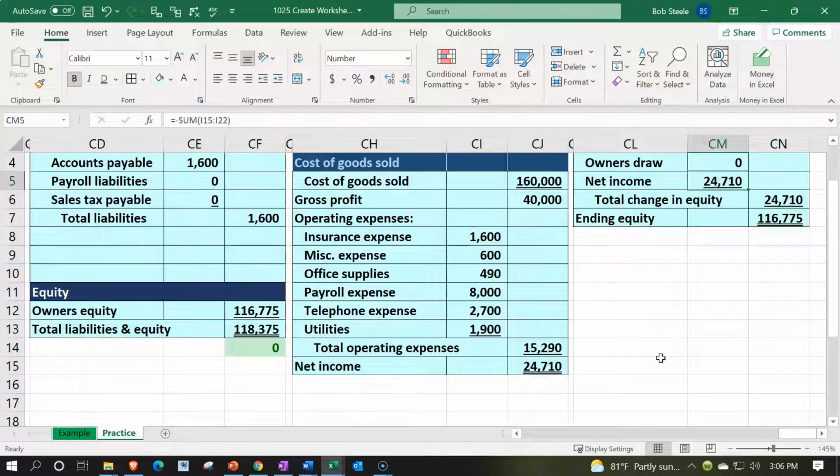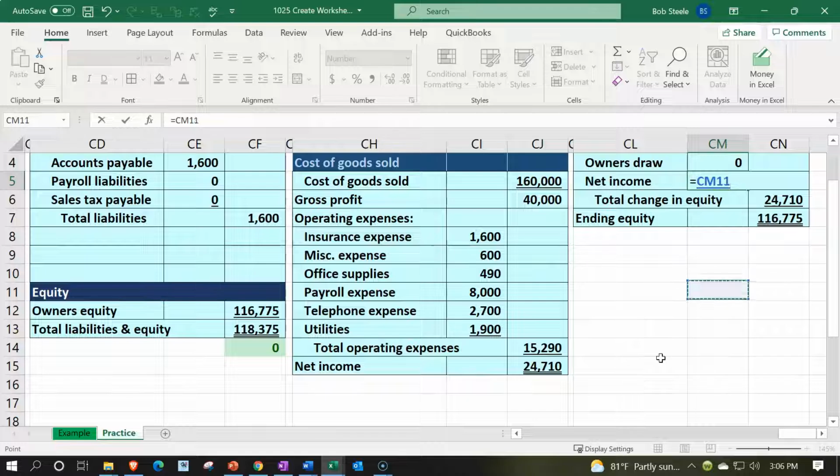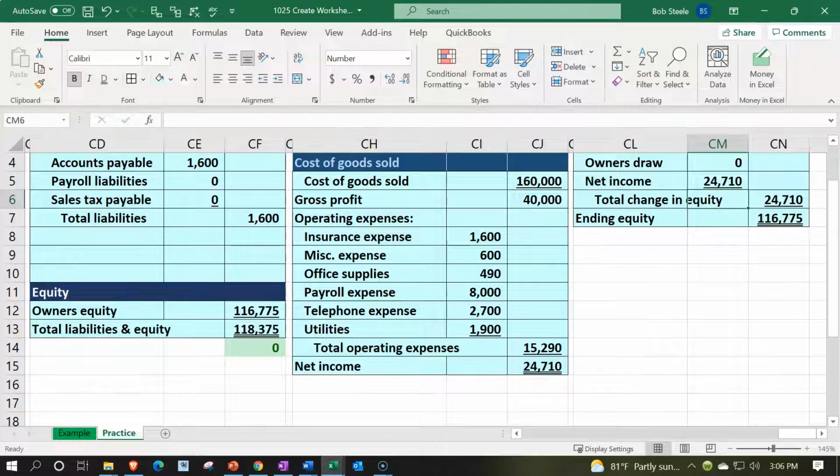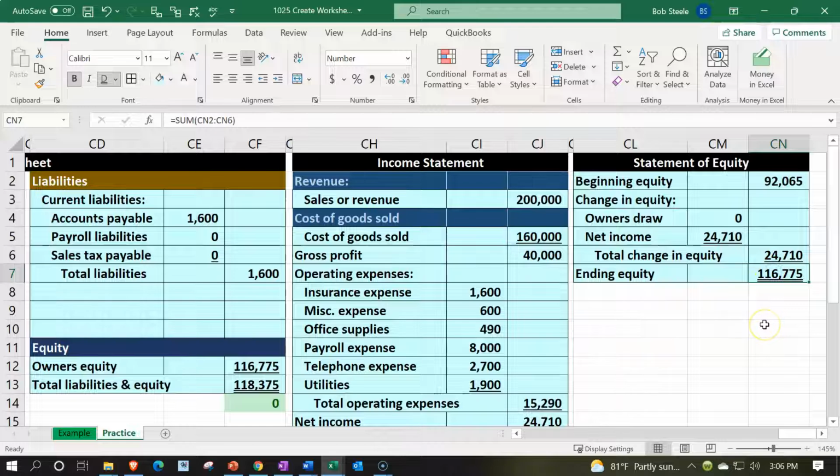So sometimes you might connect these together by saying, I'm going to say this number equals the 24,710. And everything should still feed out and tie out. We should still have a green zero there to do that instead of taking it from the trial balance. And then we see that this 116 is the same as this number in the equity section on the balance sheet.